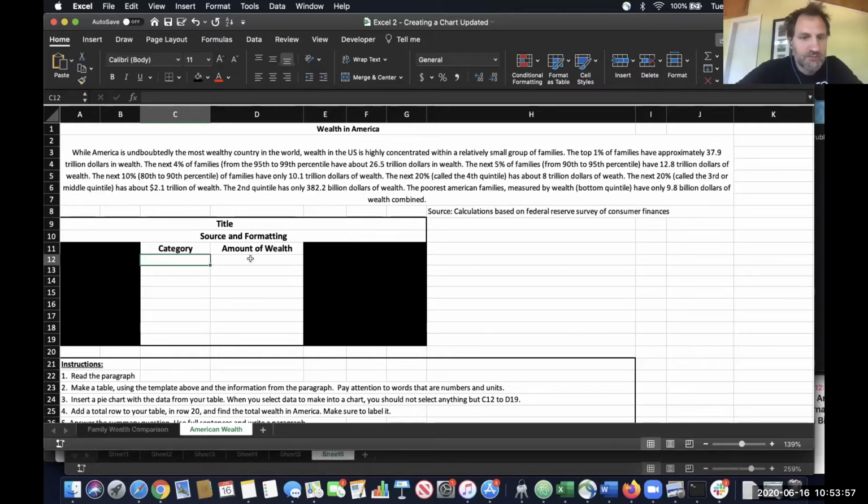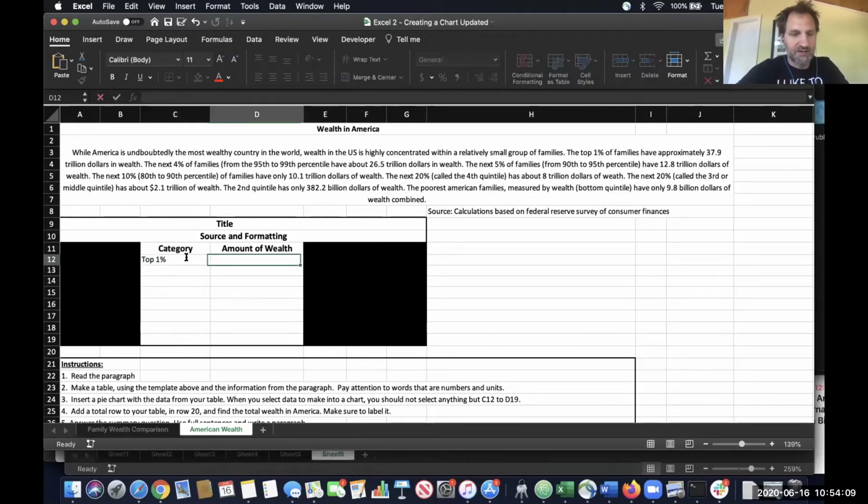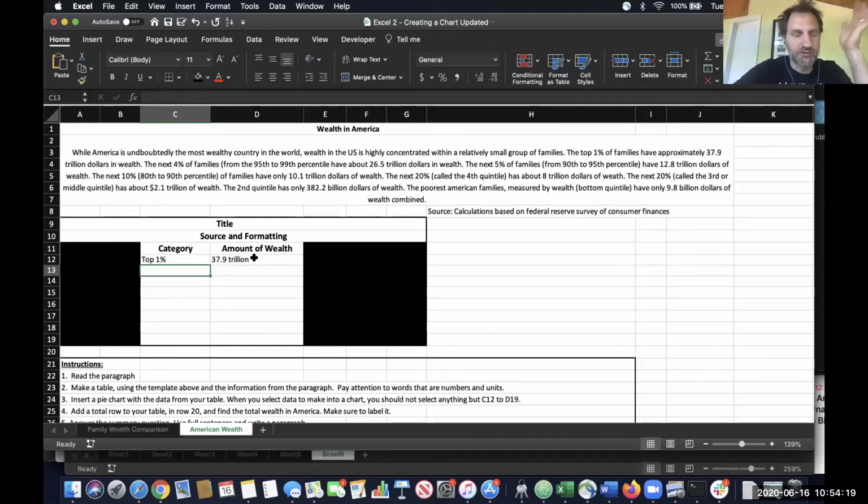So your job is to go through, and each sentence essentially is one line, one row here. So the first one would be something like top 1%, and then the amount of wealth is $9 trillion. Now, you have a little bit of a challenge in this part because you can't write 37.9 trillion, or you can, but then it's not going to be able to make a chart out of that.